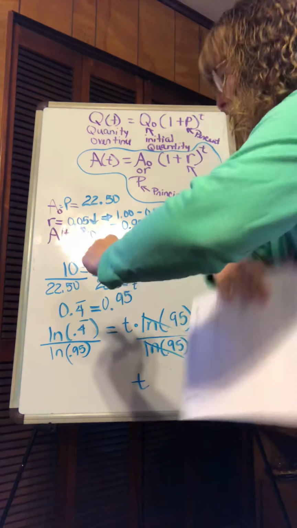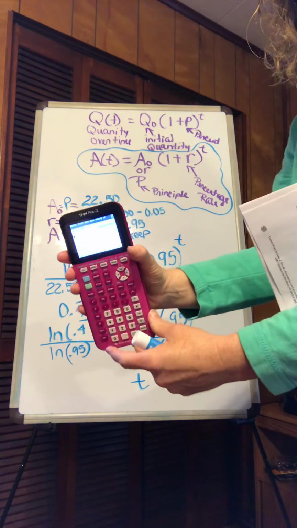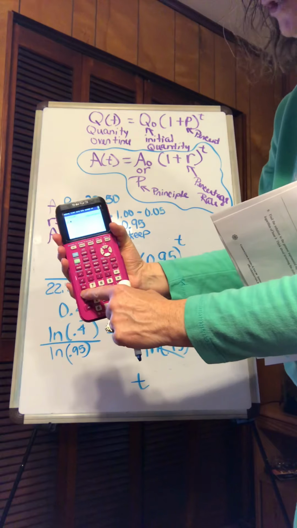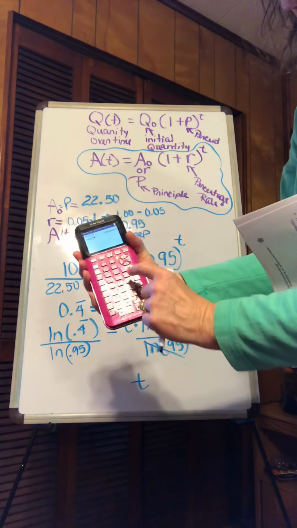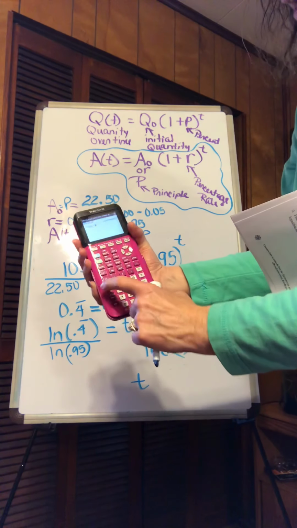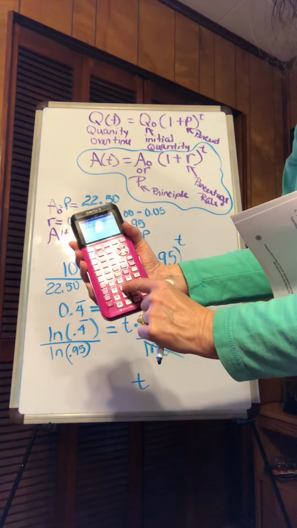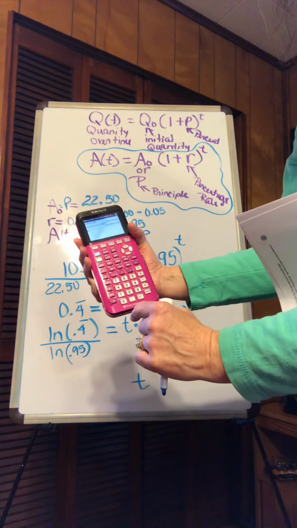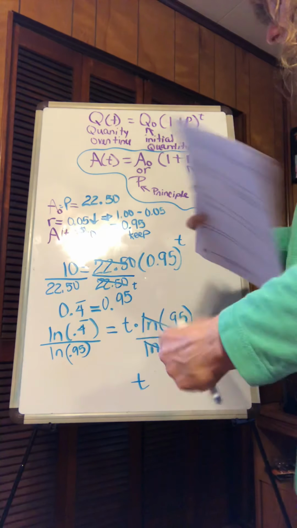And now on my calculator, the 0.4 repeating is still there. Didn't clear it. Natural log of that repeat, I'll use the answer key. I'm now going to divide by the natural log of 0.95, and I get 15.8096 for an answer.